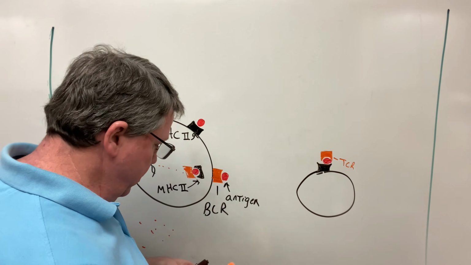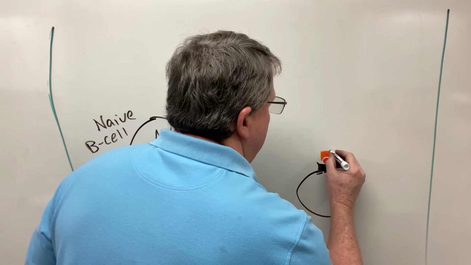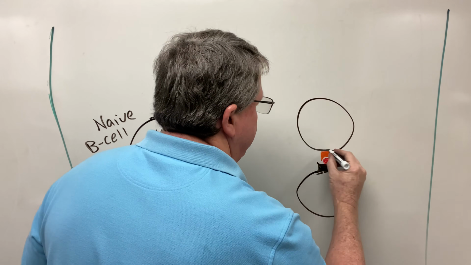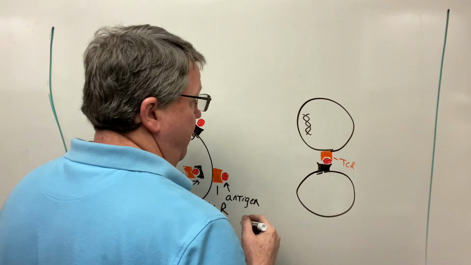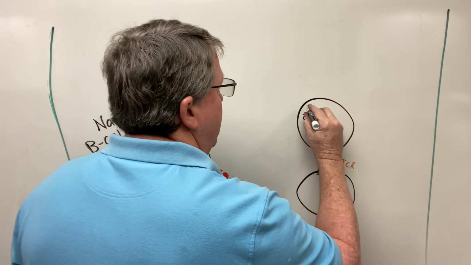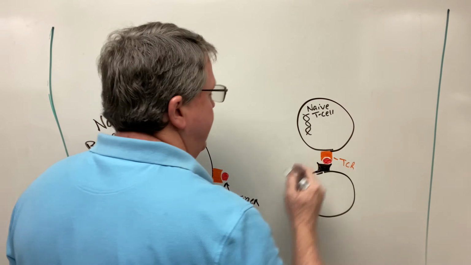Let me draw my T cell real quick. This is my T cell, and this is also a naive T cell, which just means it hasn't been activated yet.